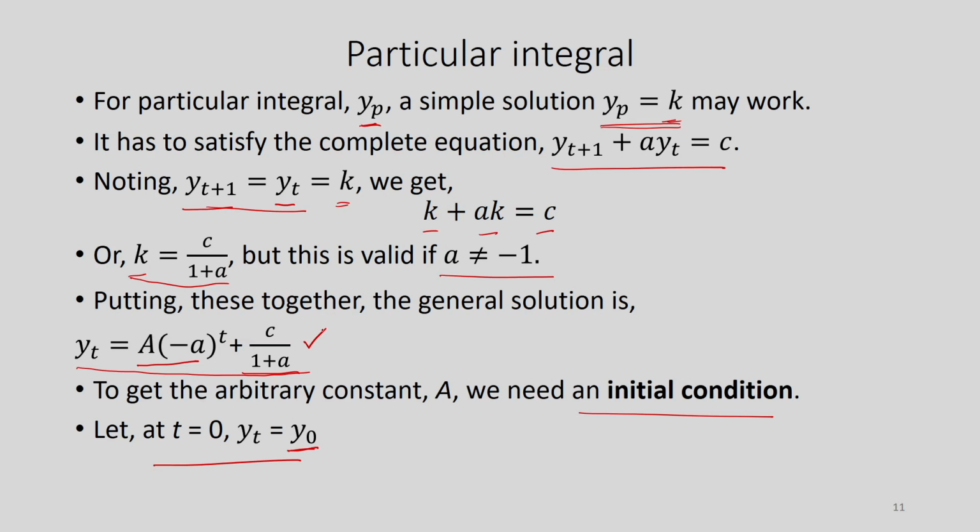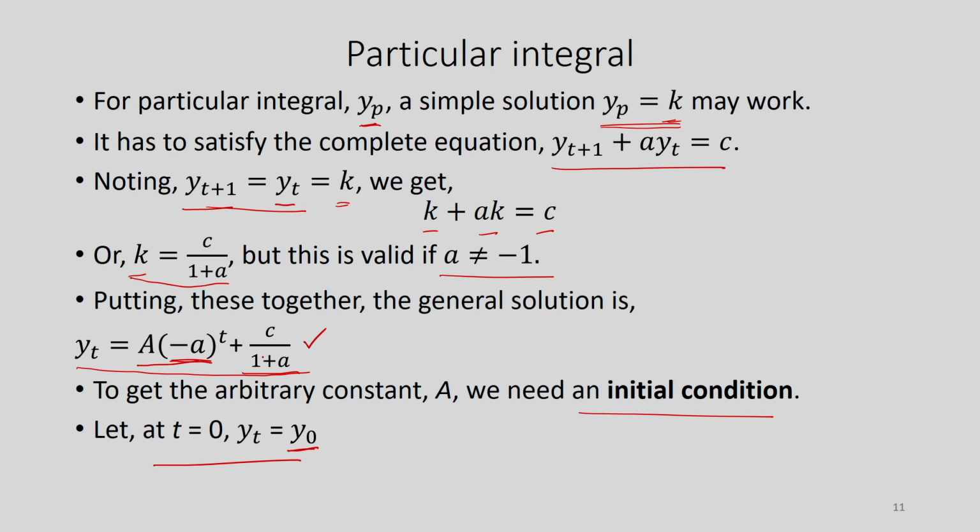If I do that, think about what will be the outcome. On the left hand side, I am going to get y_0, I am putting t equal to 0. And on the right side, this becomes 1, because minus a to the power 0 is 1.